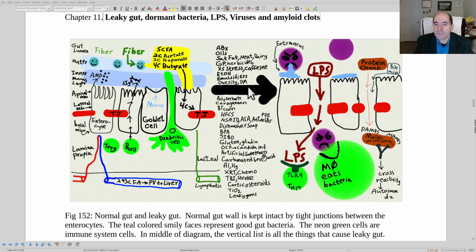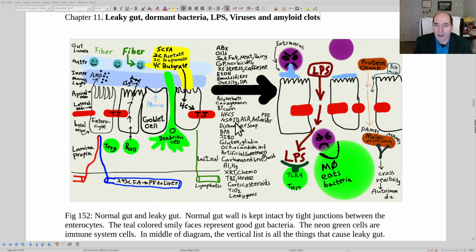Persons who are fat, persons with diabetes have increased risk of leaky gut. These other chemicals in processed food, polysorbate, carrageenan, they increase the risk of leaky gut. BT corn itself intrinsically can be toxic to our gut lining. High fructose corn syrup is associated with increased risk of leaky gut. A lot of medications are associated with causing leaky gut.